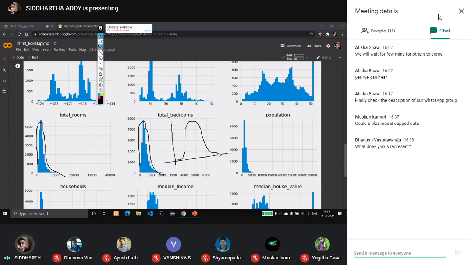This is a bell-shaped graph. Whenever the data is like this, they just love it. They understand more. But we don't have a bell-shaped curve here. We have what we call a tail-heavy curve.